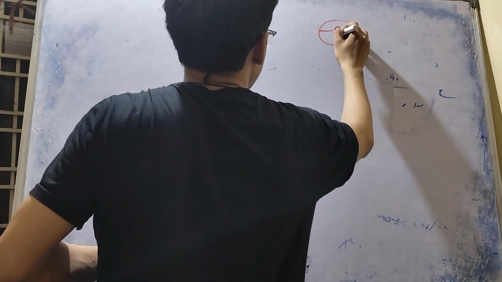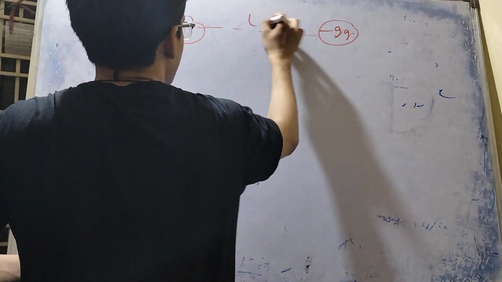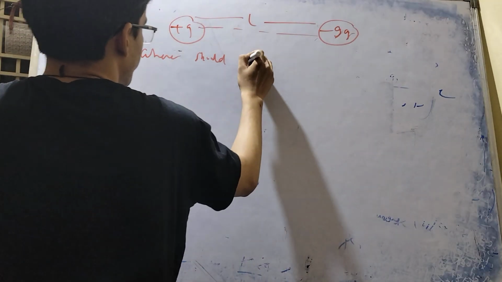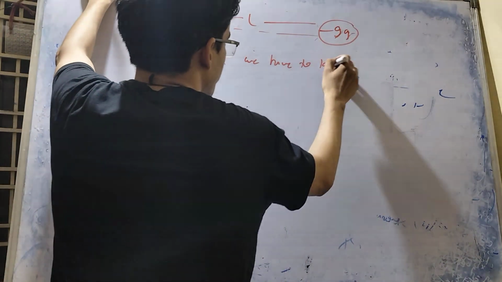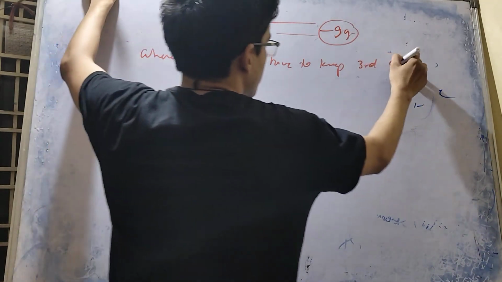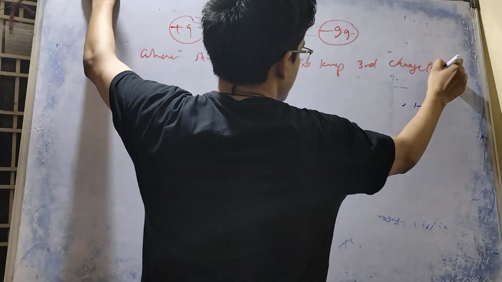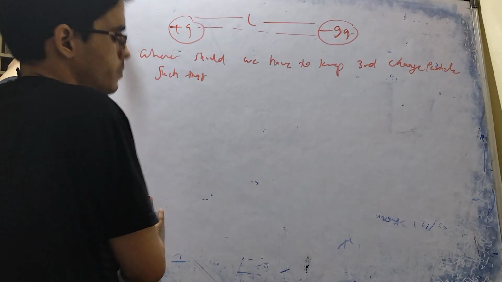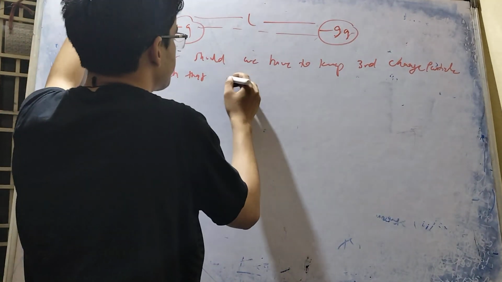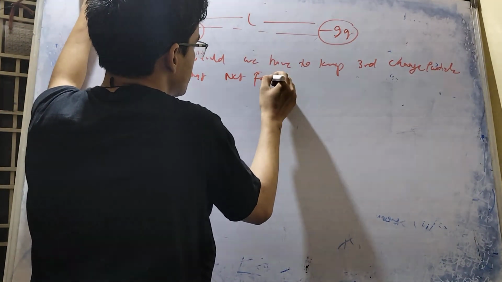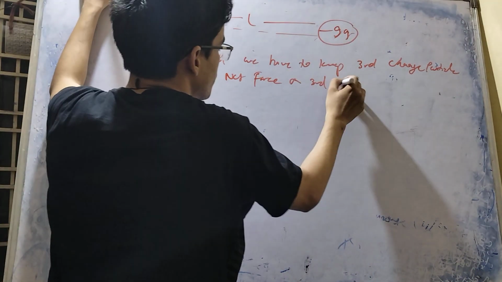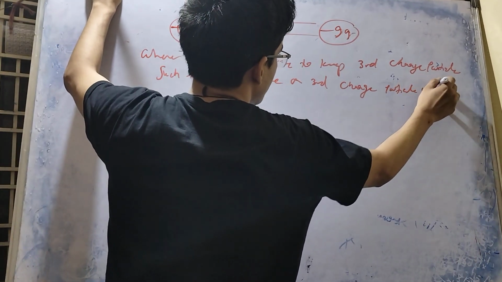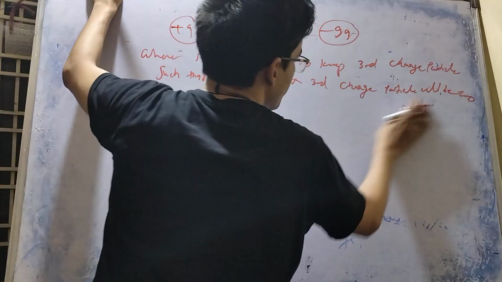Plus Q charge and minus 9Q charge, distance L. Now here we have to keep a third charge particle such that net force on the third charge particle will be 0, or equilibrium.